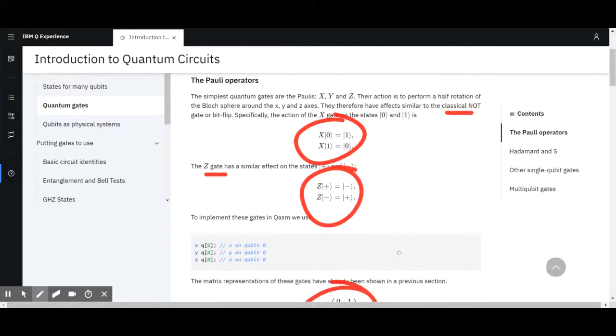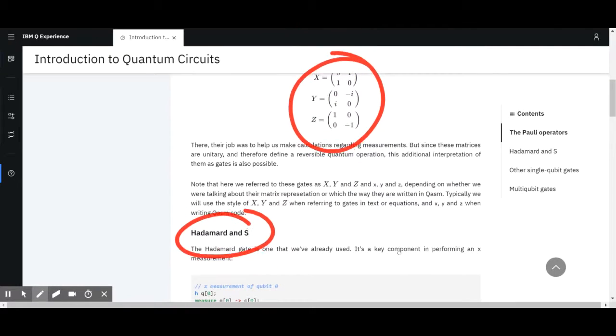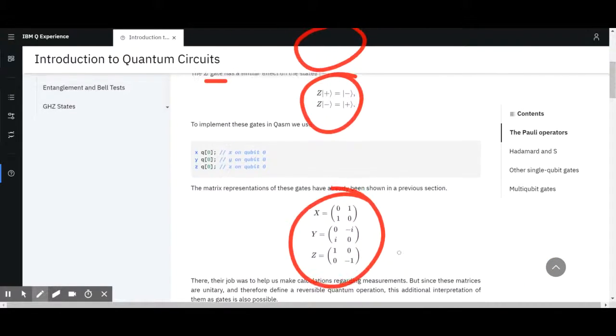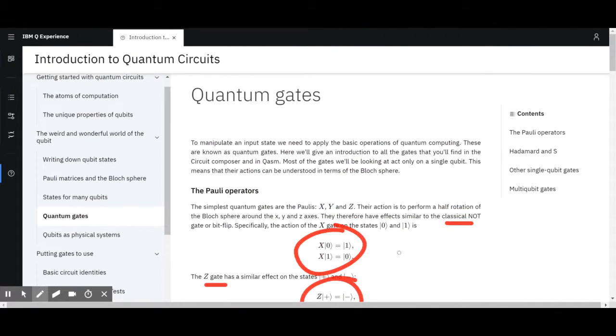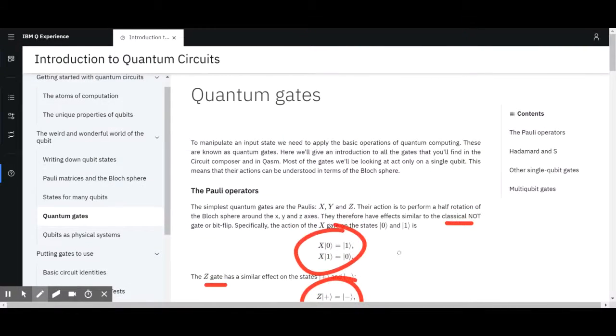The danger of thinking in terms of the Bloch sphere is that it becomes tricky when you have more qubits in the game, and when you deal with entanglement and stuff like that. But those are the basics. I have to admit that's a fairly condensed way of explaining it. So I think here they did a good job, actually.